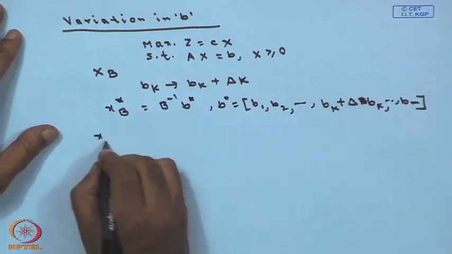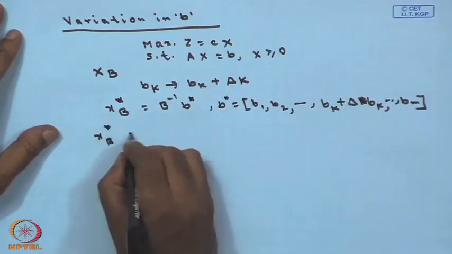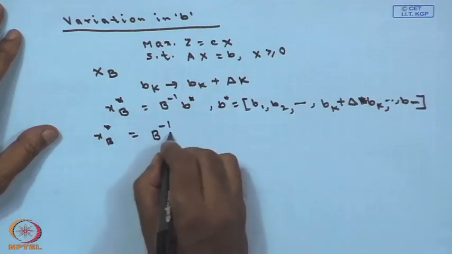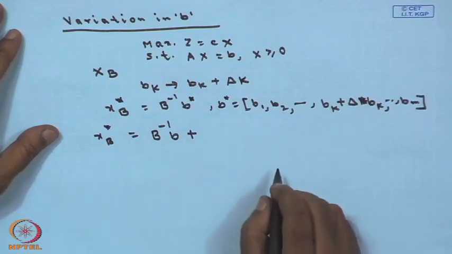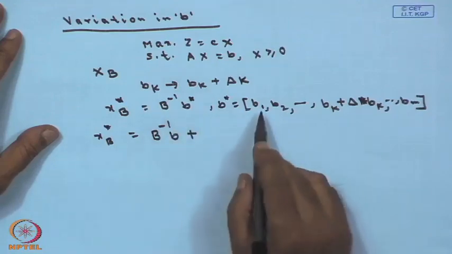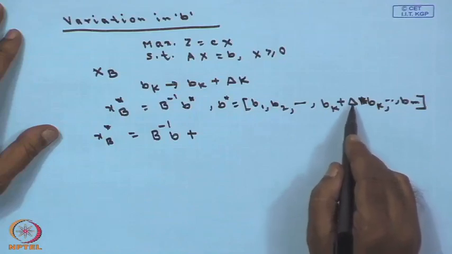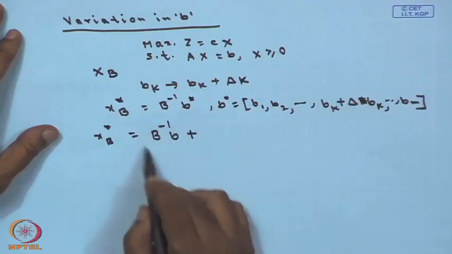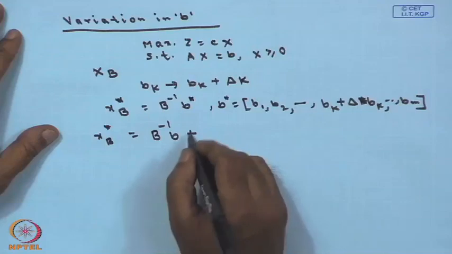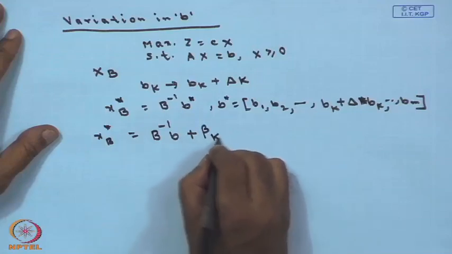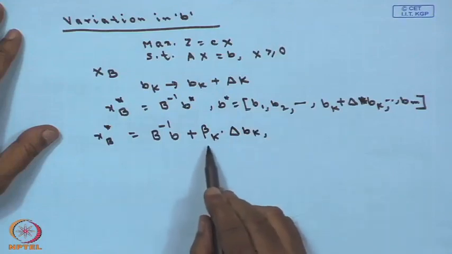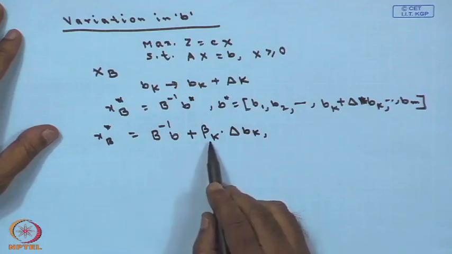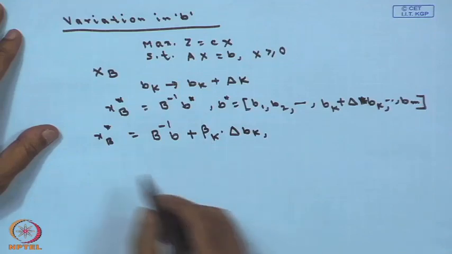So you can write x_B star equals B inverse b, plus B inverse into the vector that will be 0, 0, 0, and so on, with only delta b_k present. For that reason, B inverse b comes outside. So I am writing beta_k into delta b_k, where beta_k is the kth column vector of B inverse.